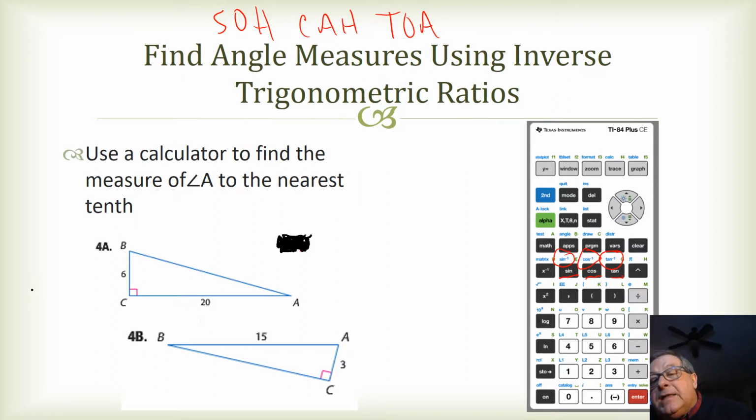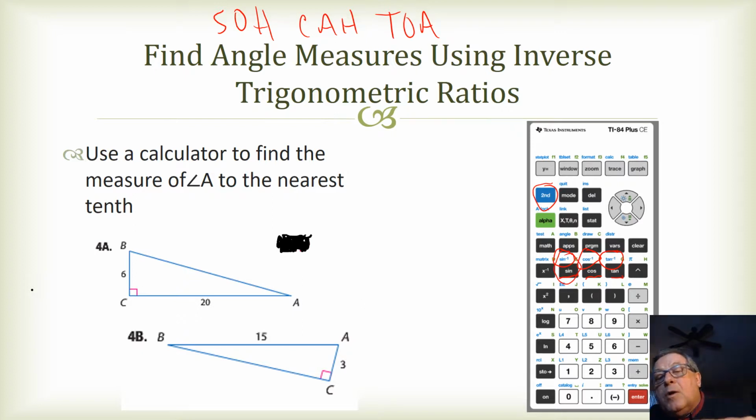And so if I want to find the inverse sine, or the angle measure that I could calculate based upon a sine ratio, I could hit second sine, and it's going to bring up the inverse sine. If I knew the opposite over the hypotenuse, the side measures of the opposite side of theta and the hypotenuse, then I can determine the angle.